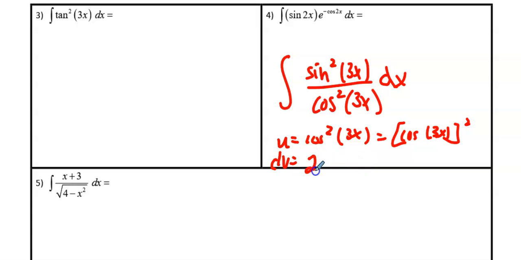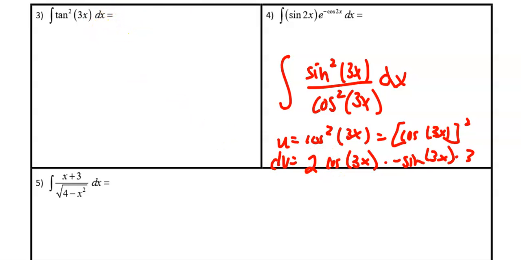Your derivative is actually going to be 2 cosine 3x times negative sine of 3x times 3, right? So there's a lot of stuff going on that's wrong here. We can't do that because we don't have another sine or a cosine of 3x. So this is a big old bad. The reason I showed it to you guys is just a quick refresher on how to take the derivative of a trig function to a power. Remember, you have to put the power outside and then use the chain rule.